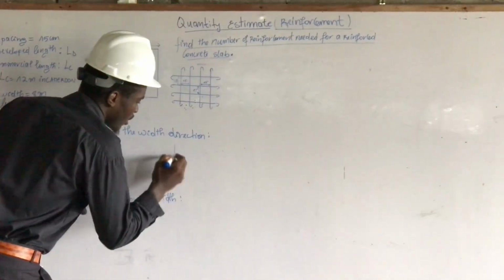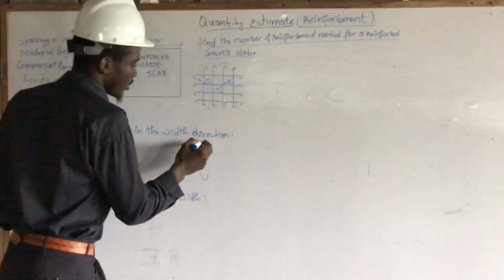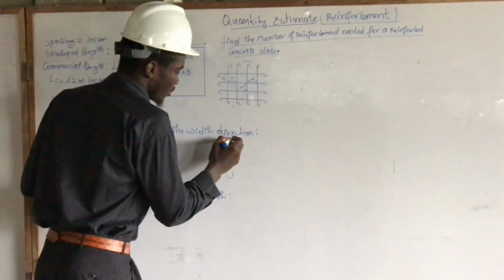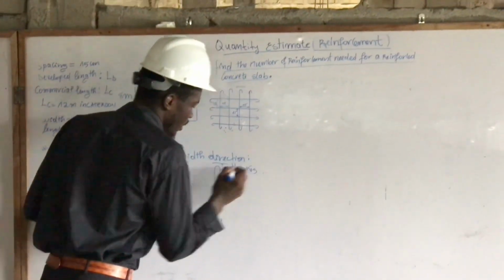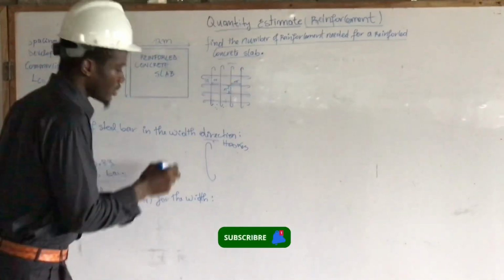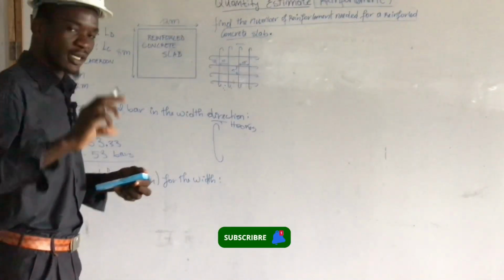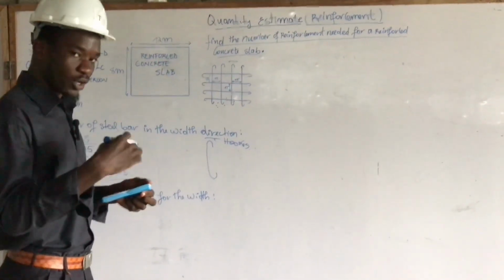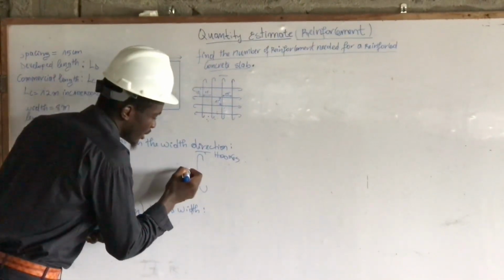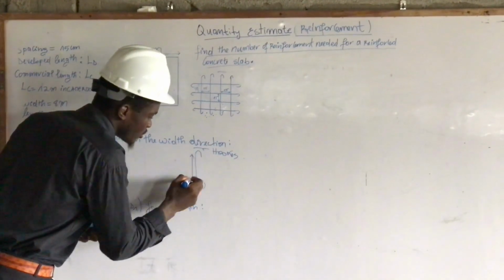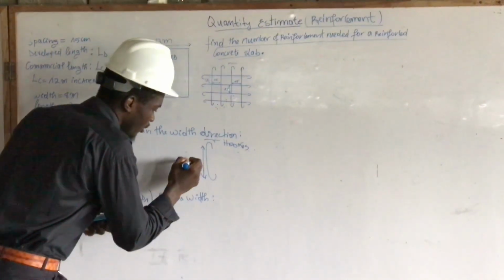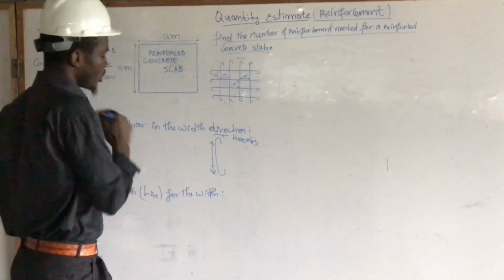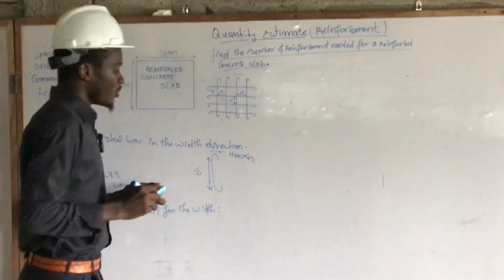that's how the steel bar looks like. You have what we call here hooks. And to have the final length of one steel bar for the width, we'll have to add to the width of our slab, which is already known, 8 meter, the hooks.